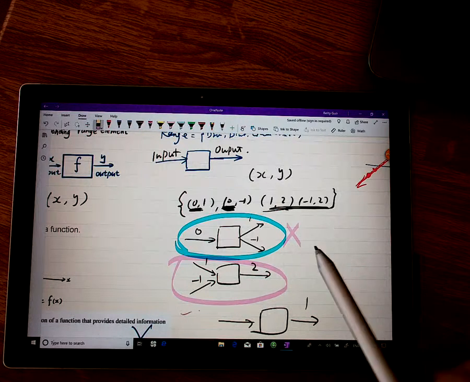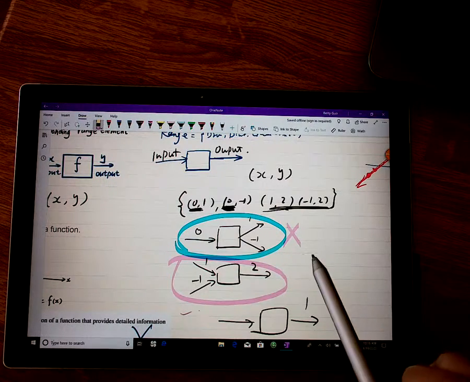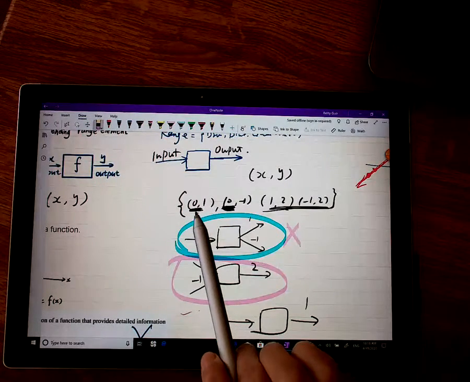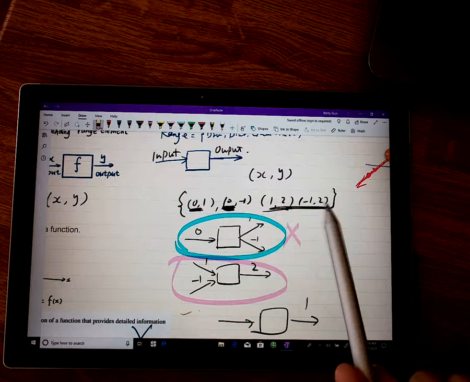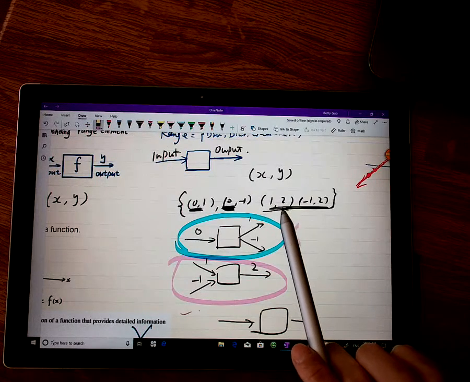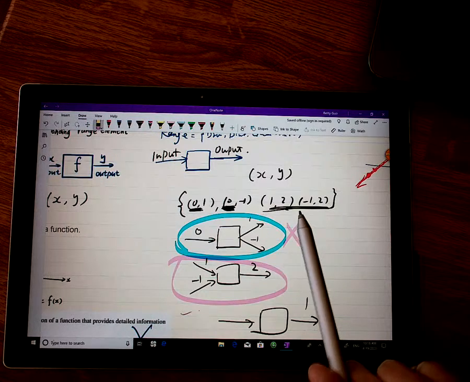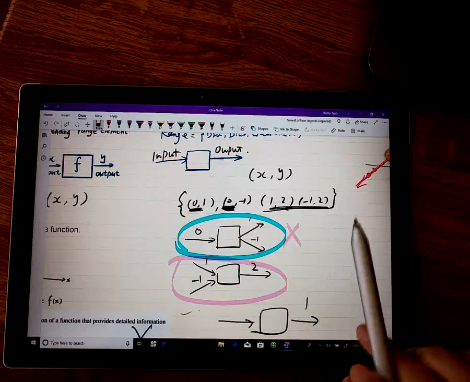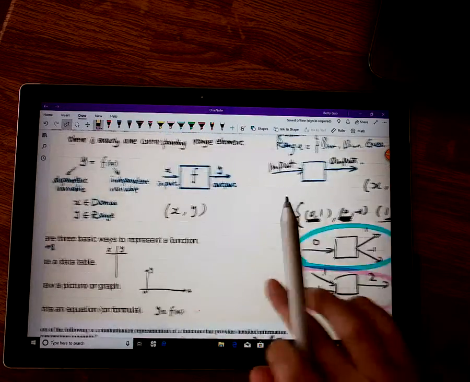So in a relation, if you see two ordered number pairs with the same X, different Y, then that relation is not a function. But if you see two ordered number pairs with the same Y, different X, that is okay. That is allowed in a function. So do you see what I'm saying here? Please repeat this part to really get it.